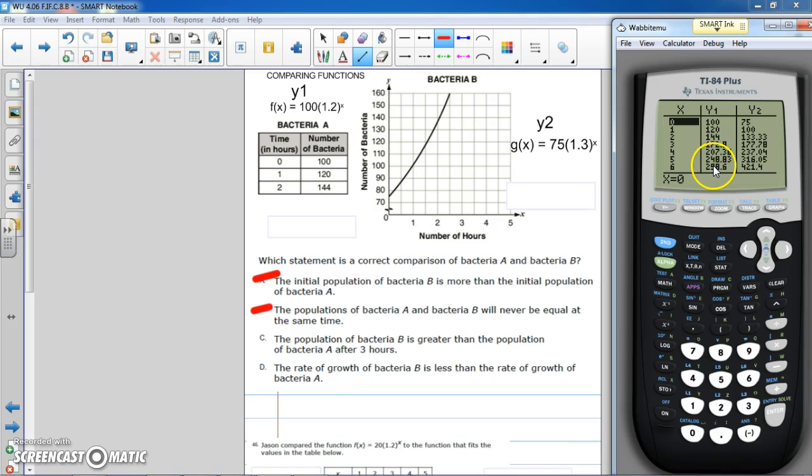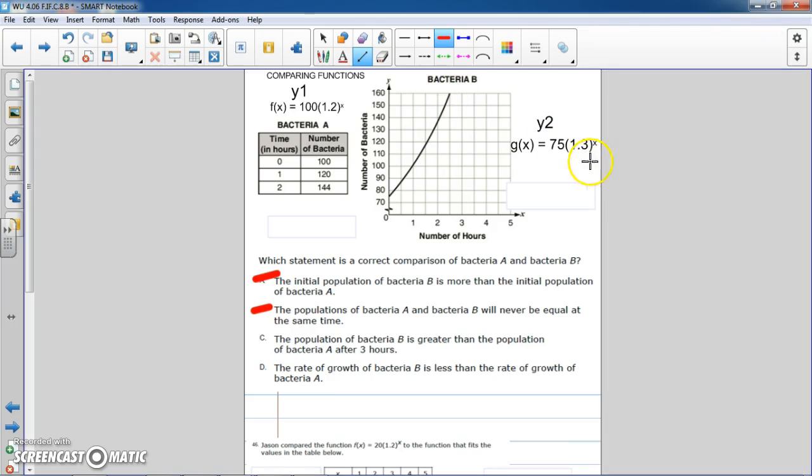And then let's just look at D. D says the rate of growth of bacteria B is less than the rate of growth of bacteria A. Look at your equations here, your functions. Bacteria B's rate of growth is 1.3, and then bacteria A's rate of growth is 1.2. So B is greater than A, so D would be incorrect. The correct answer is C.